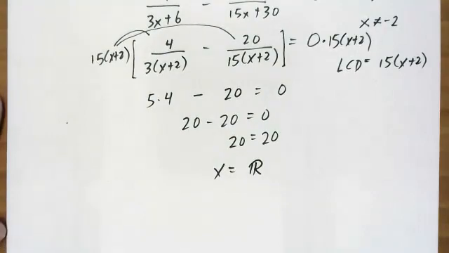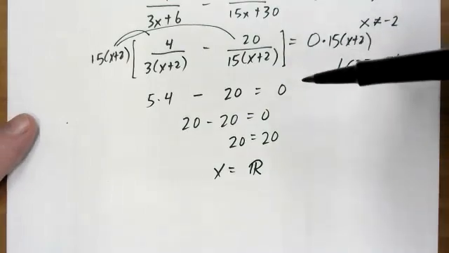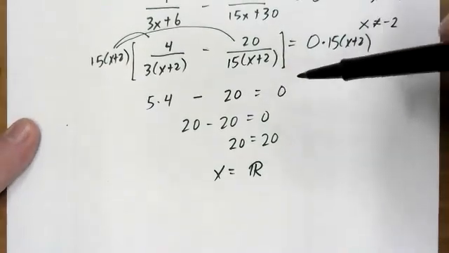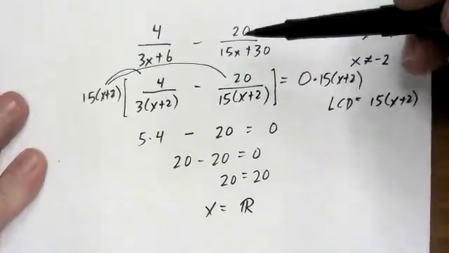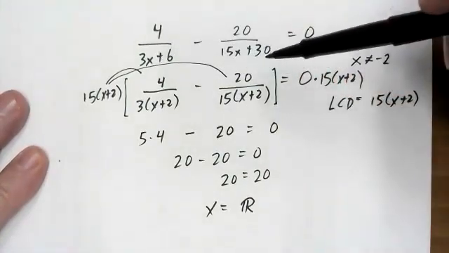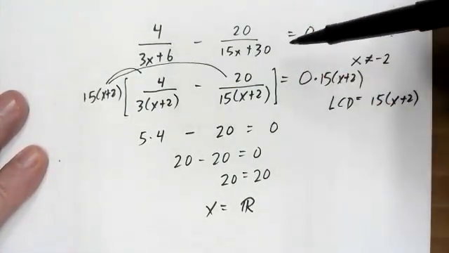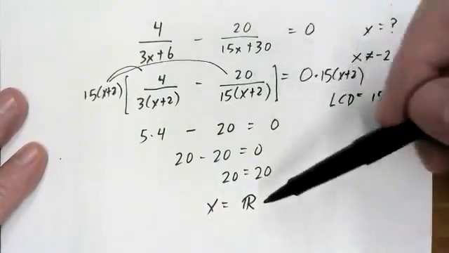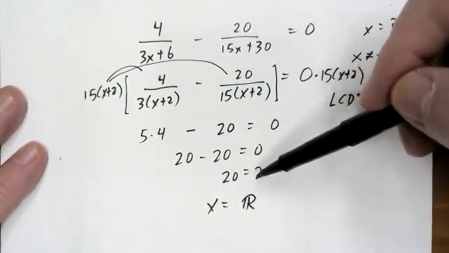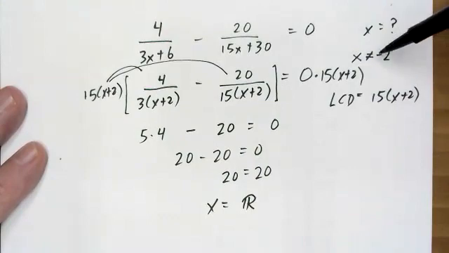Up to now, we've sort of said the solution is all real numbers. However, this problem has a twist. And once again, anytime your initial starting equation has rational expressions, after you solve it, you still have to go back and check and make sure your solution is okay.